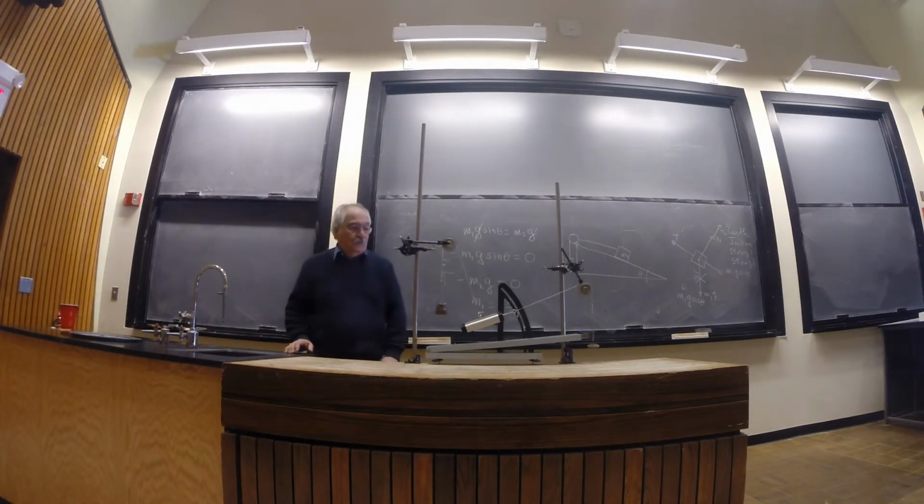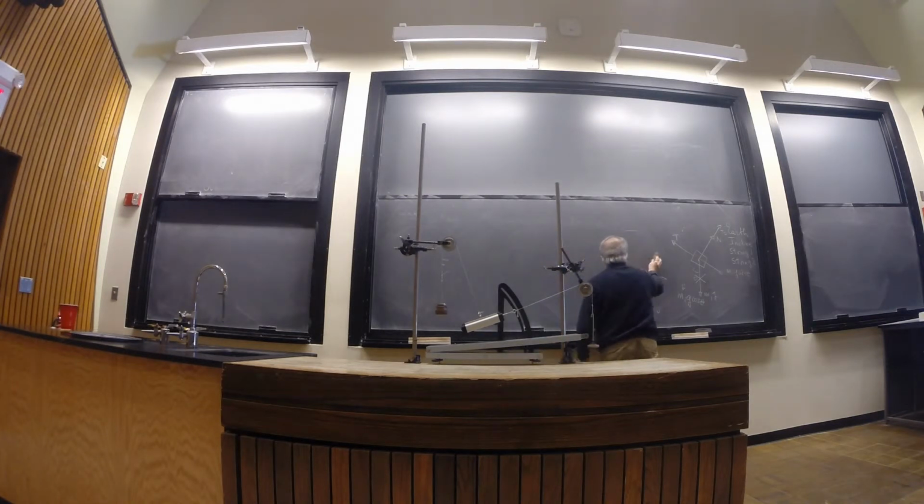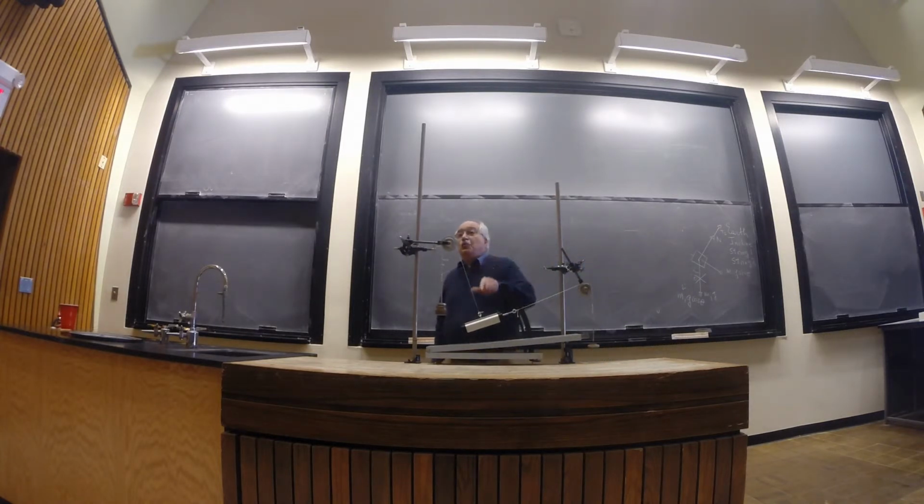Now, if we look at this, what you see is two strings, basically, and a hanging weight. What you should see is vectors adding up to give you 0. What are these vectors?